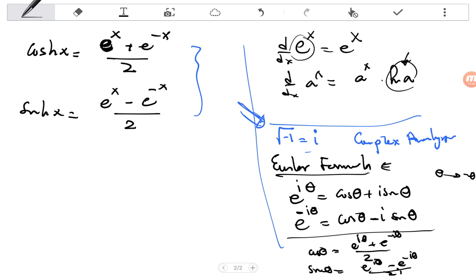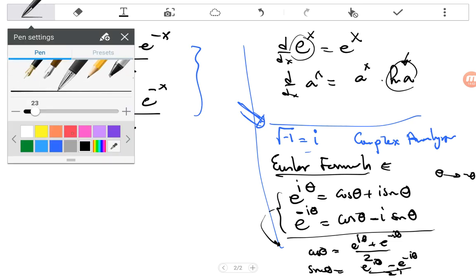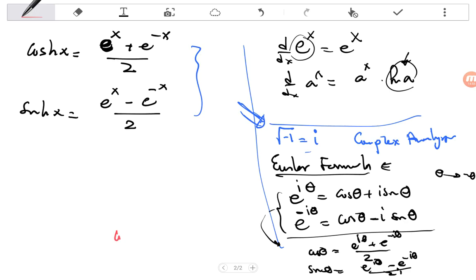Okay? So this Euler formula has helped us to make relations between trigonometric functions and the exponential. Look at these two relations. How would we relate the cosine to the exponential?